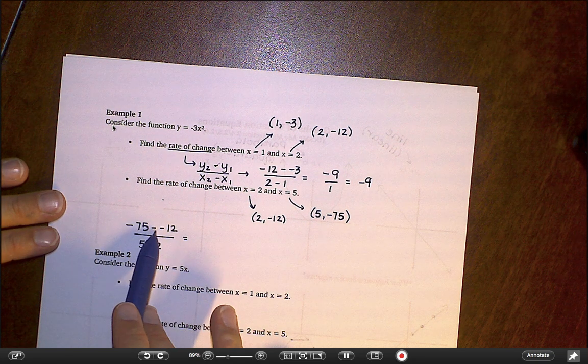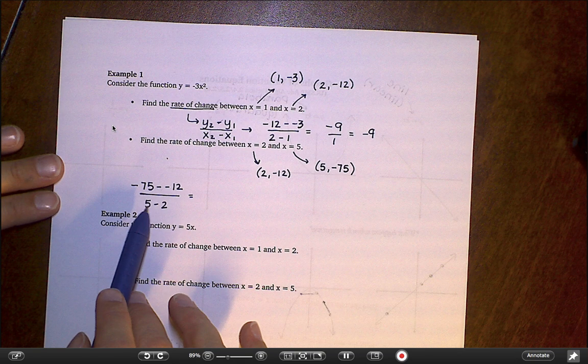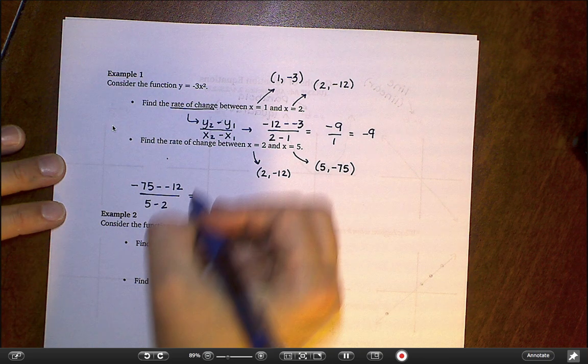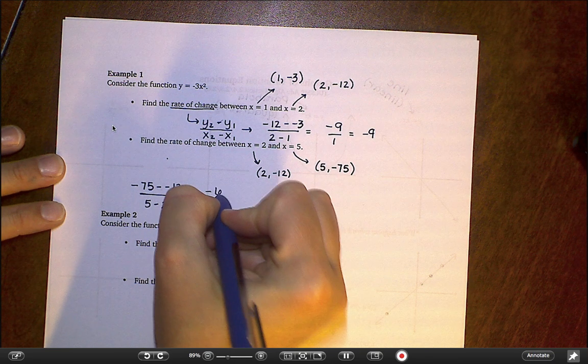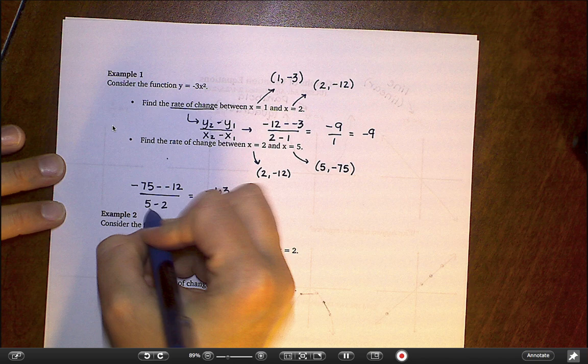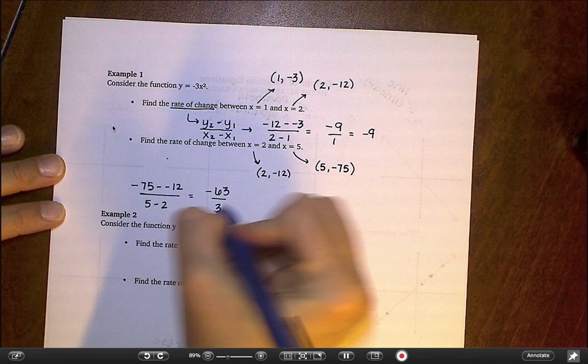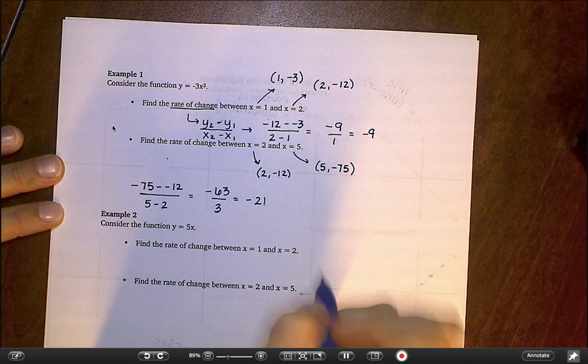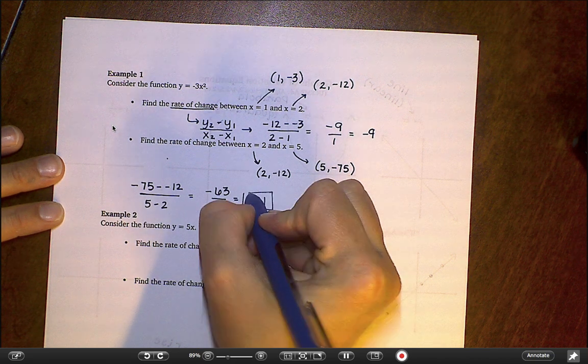So this is really going to be a plus, right? 2 negatives make a positive. So negative 75 plus 12 would be negative 63 over 3. And negative 63 over 3 is negative 21. So that's my rate of change in that interval.